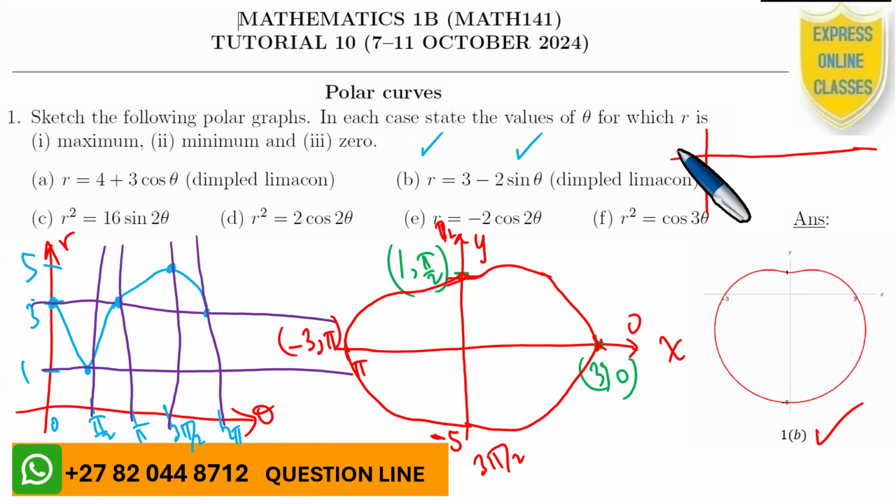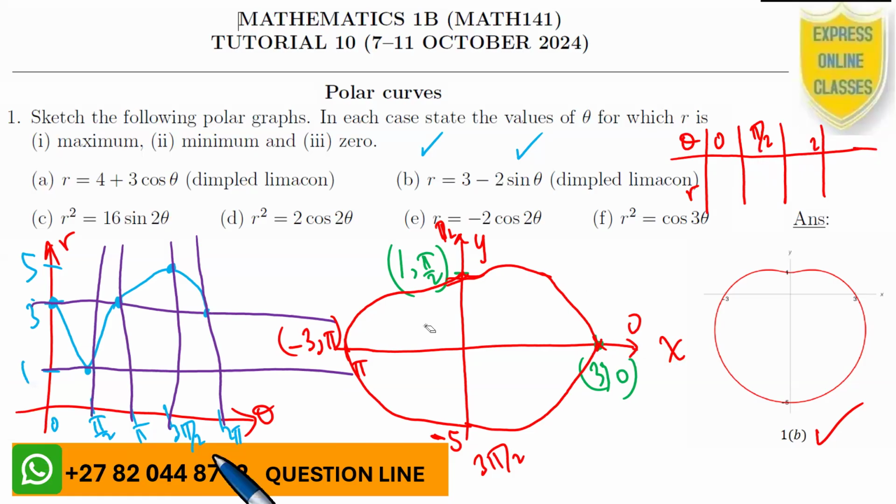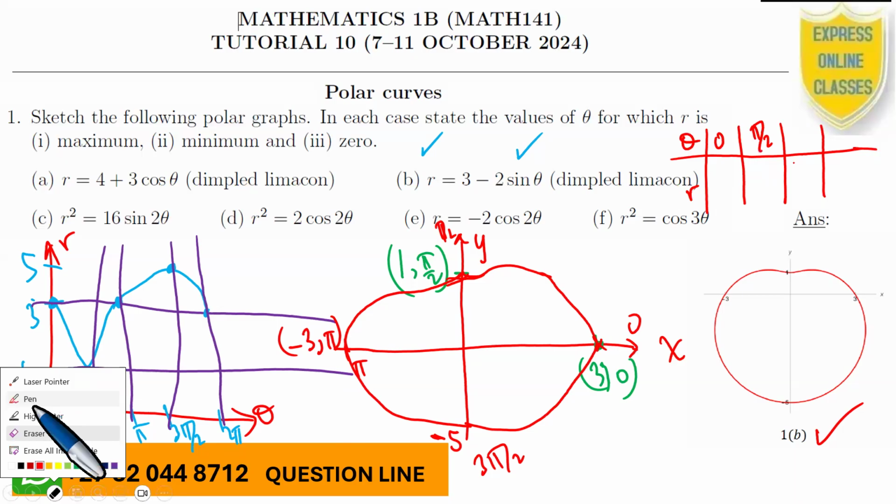We need to always have theta and then r, and then you have 0, pi over 2, pi, which is like 180 degrees, 3 pi over 2, so you can always sketch this one. So you don't need a lot of confusing steps.